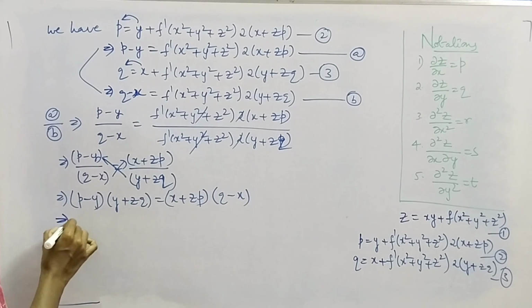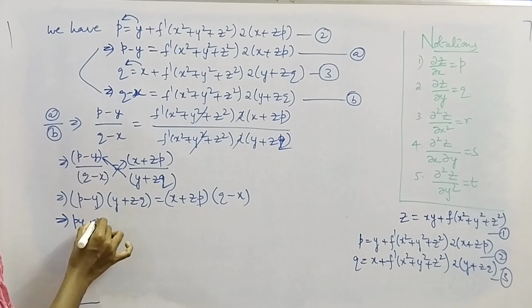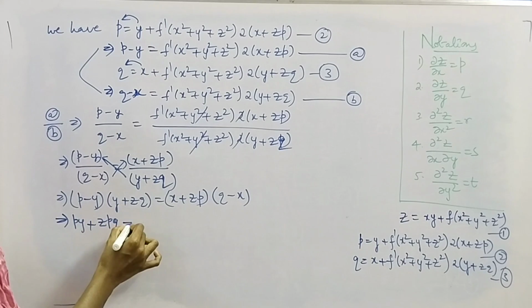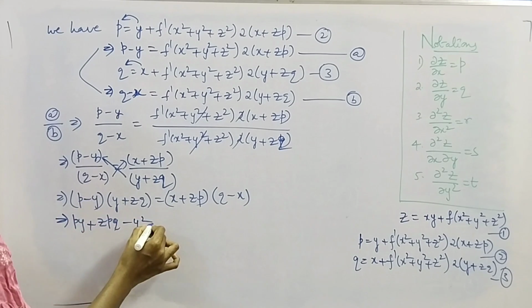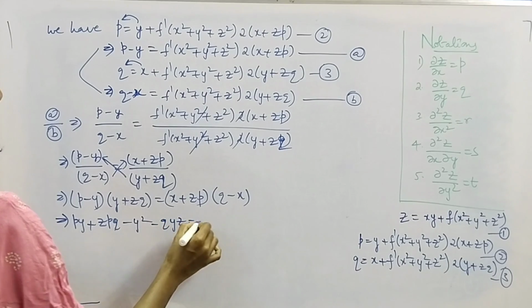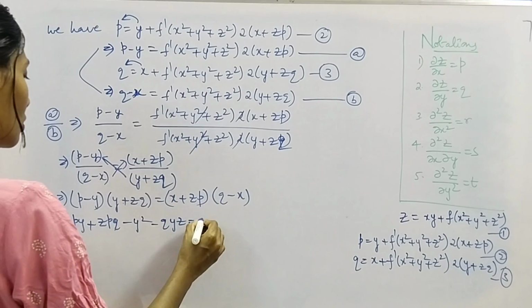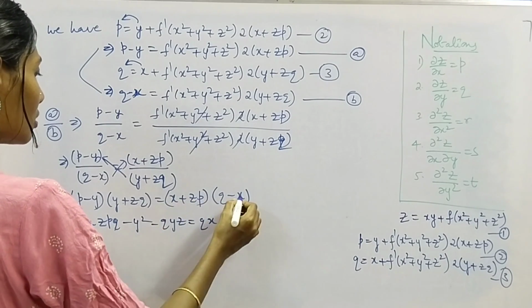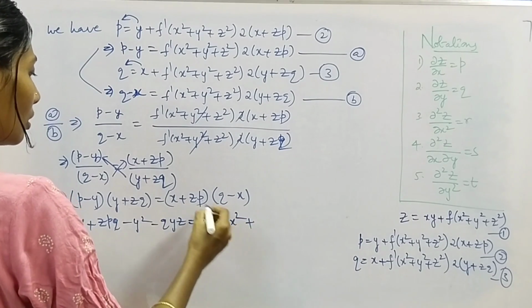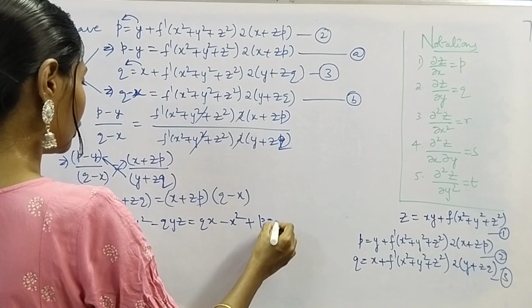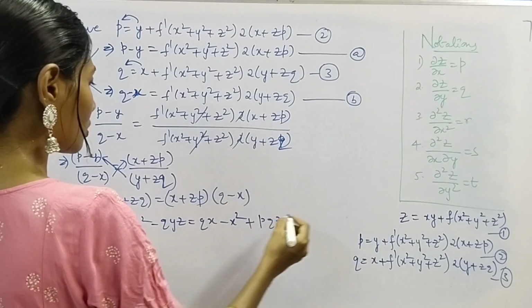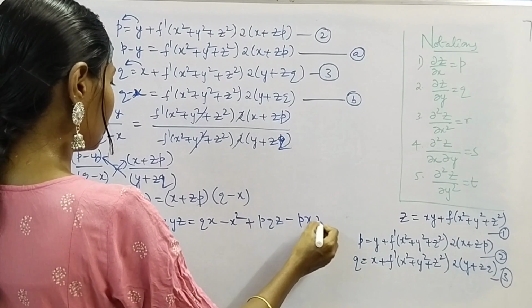Well, this gives us py plus zpq minus y square minus qyz equal to xq minus x square plus pqz minus pxz, where x into x is x square, right?